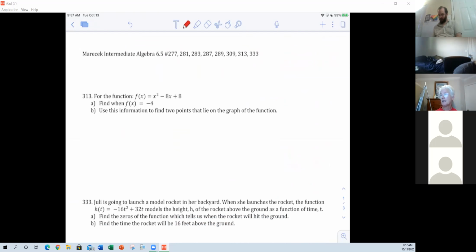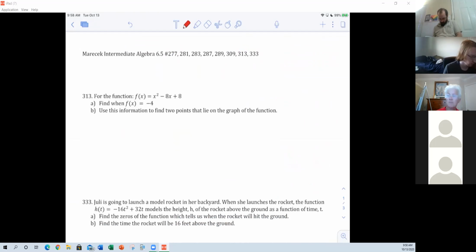it says for the function f(x) equals x² minus 8x plus 8, find when f(x) equals -4. Okay, so that's like saying find when y is equal to -4.